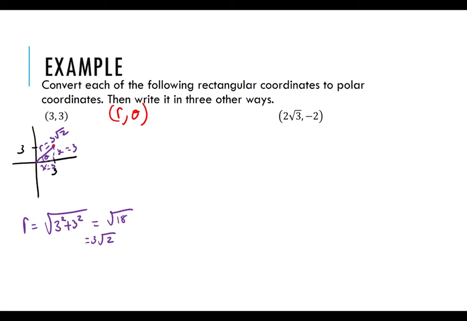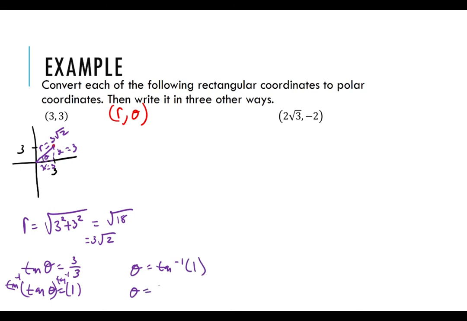Well, we also need to find the rotational angle theta. Well, how can we find theta? Well, I recall that tangent of theta is equal to y divided by x, but now I know that y and x are 3 and 3. So 3 divided by 3. So now I want to know tangent of theta is equal to 1, then I can take tan inverse of both sides. And so theta is equal to tan inverse of positive 1.